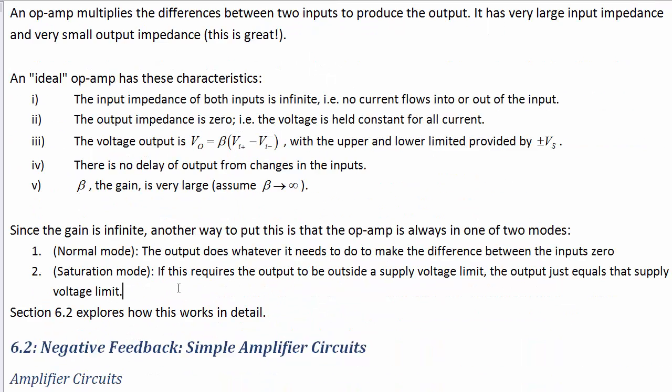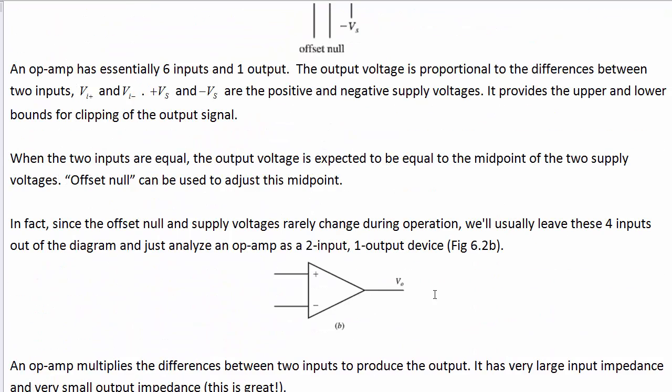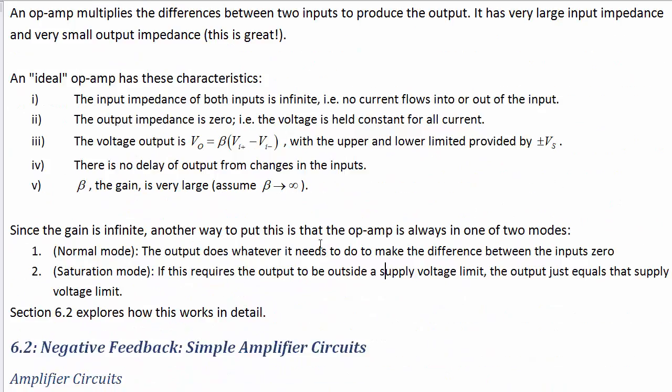So if you somehow force it to have a difference in input voltage, what's really going to happen is the output is just going to be the positive or negative saturation mode voltage, which is the supply voltage. So the output can't actually be larger than the supply voltage or lower than the negative supply voltage.